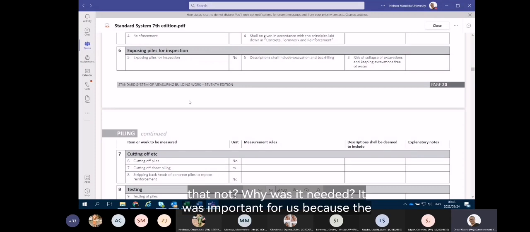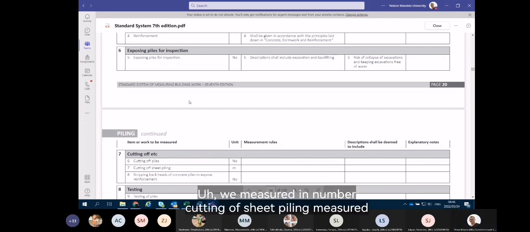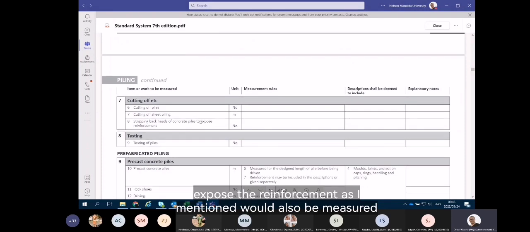It was important because the pile would be joined into the next section, which would be the pile cap, and the pile cap in turn would be connected either by means of ground beams or through the columns, as you were shown in the illustration. Cutting off our piles is measured in number, cutting of sheet piling is measured in meters, and stripping back the head of the concrete piles to expose the reinforcement, as I mentioned, would also be measured in number.